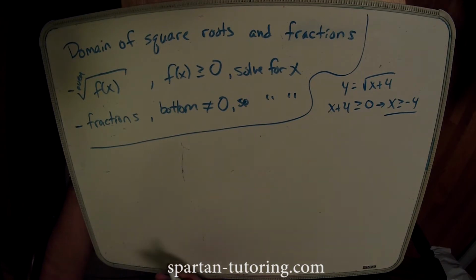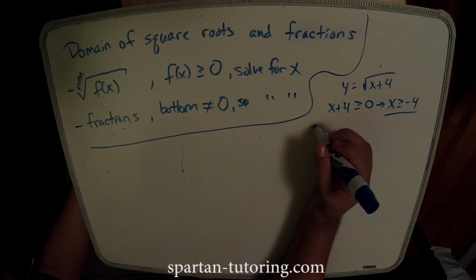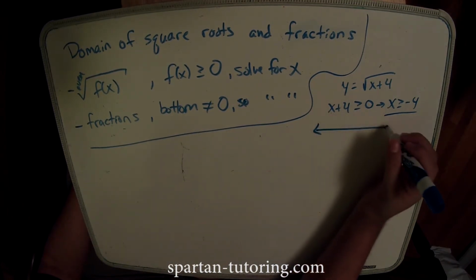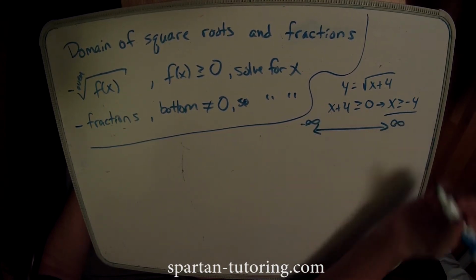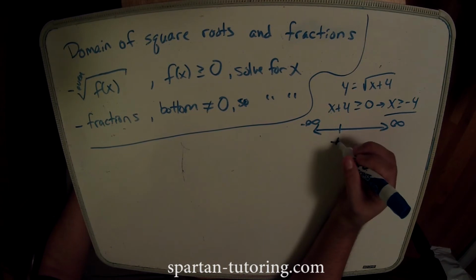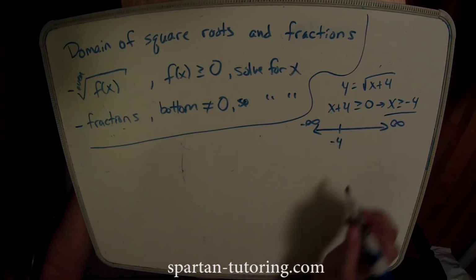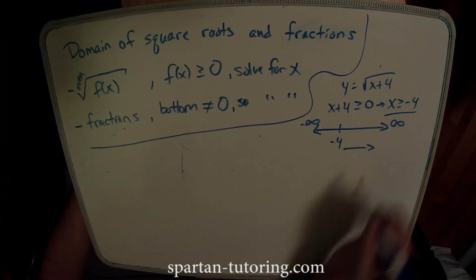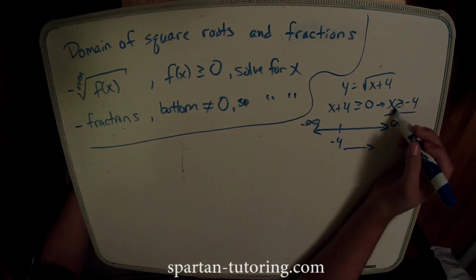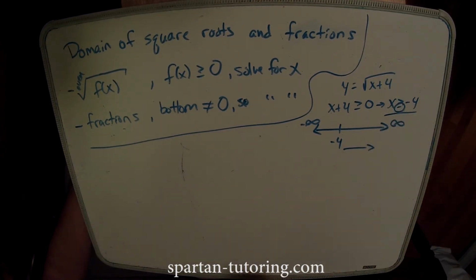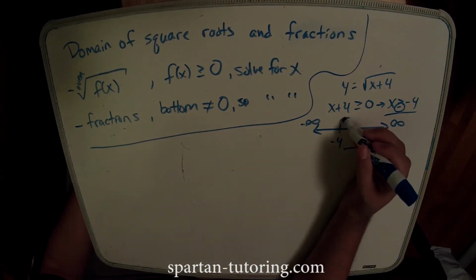Now, you're probably going to want it in interval notation, so let's look at a number line. Out to here is negative infinity. Over here is positive infinity. Here's our negative 4. Our x is greater than or equal to negative 4. If you have a greater than or equal to, or a less than or equal to, you will always put brackets.